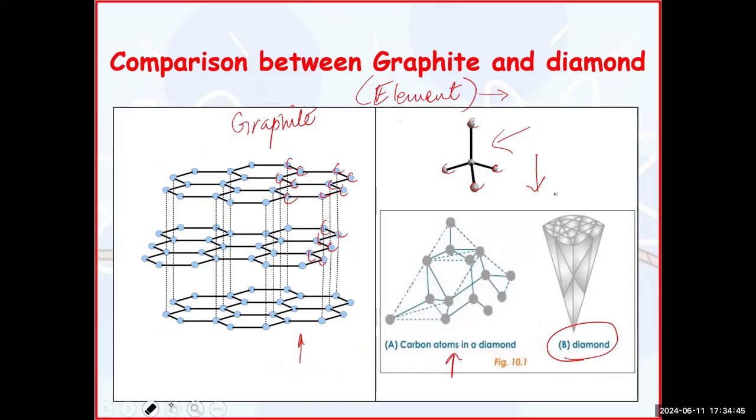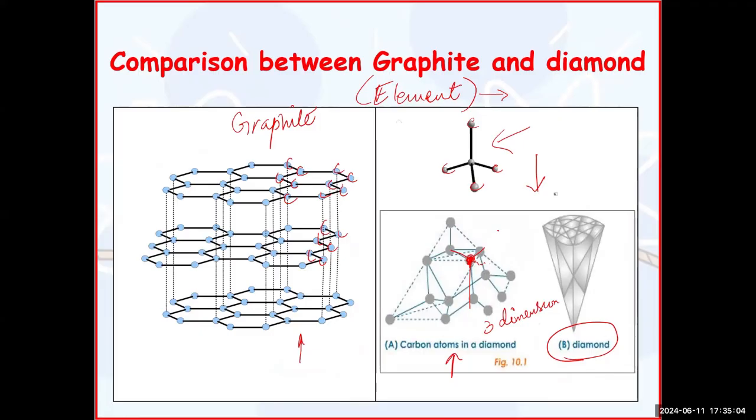None of the bonds is free. All bonds are being made. All 4 bonds are being made for 1 carbon. And that is actually running in 3 dimensions.